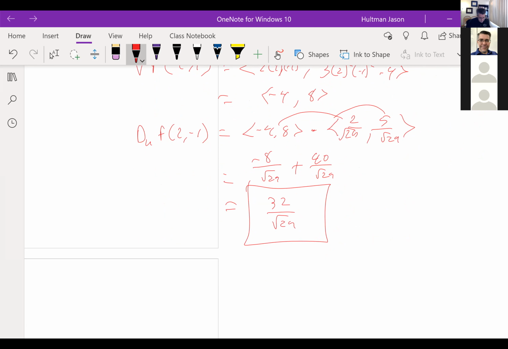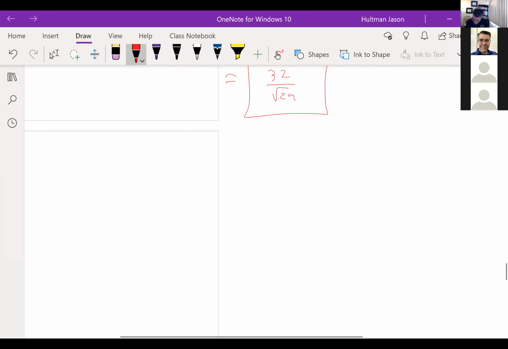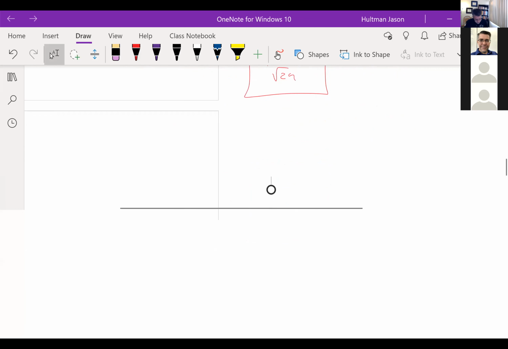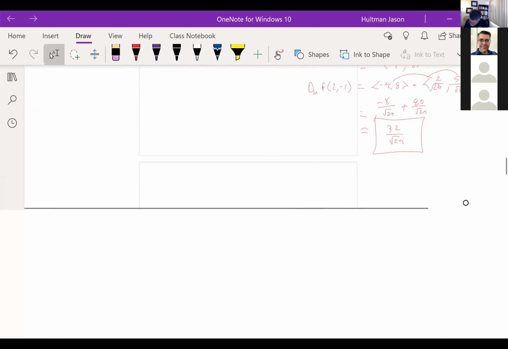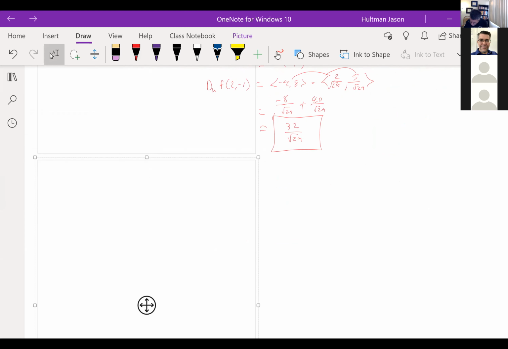Flip the page. Okay, again, if we had more than one variable, we could generalize this.